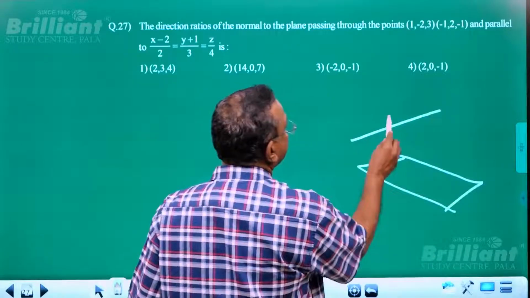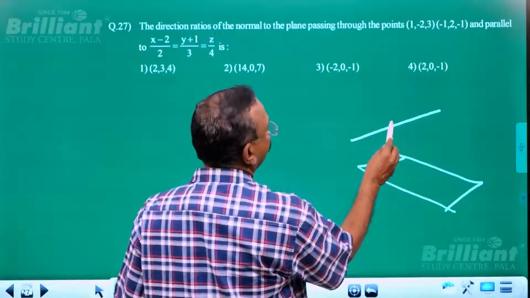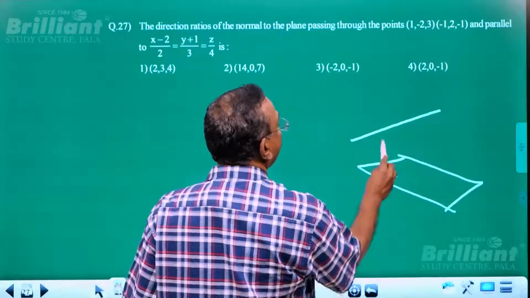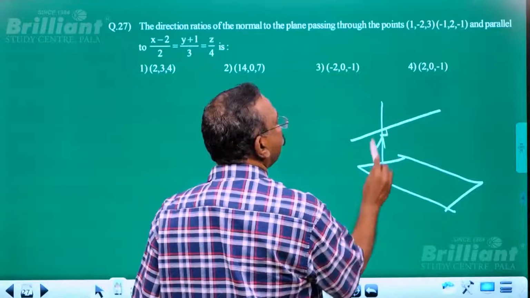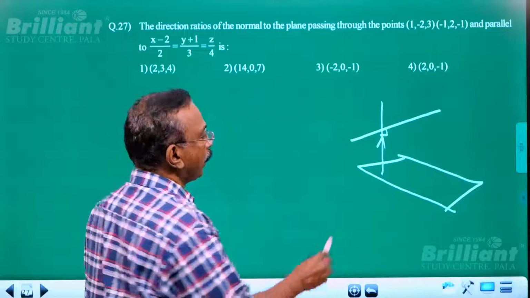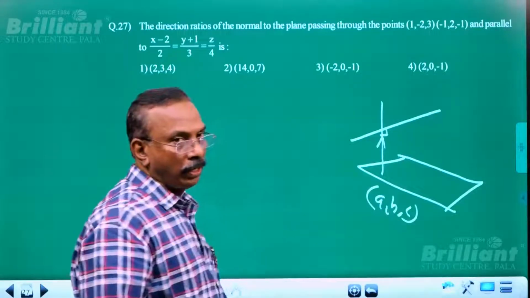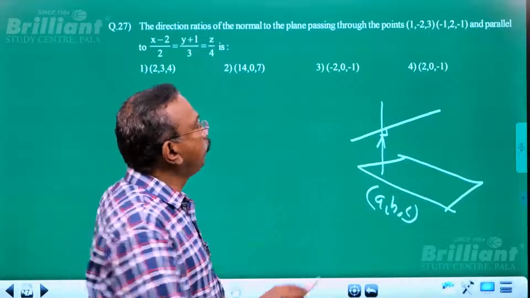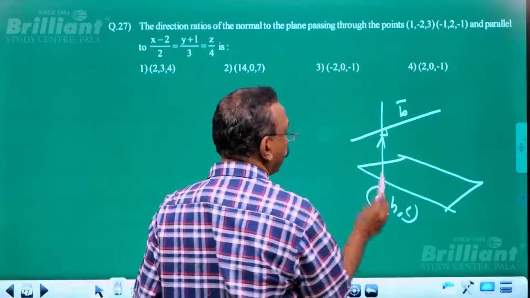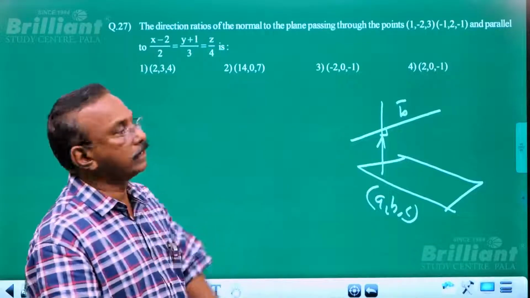If this line is parallel to this plane, definitely the normal makes 90 degrees with the line. Suppose A, B, C are the direction ratios of the normal, then the line's direction ratio vector is perpendicular to ABC. This is the first condition.